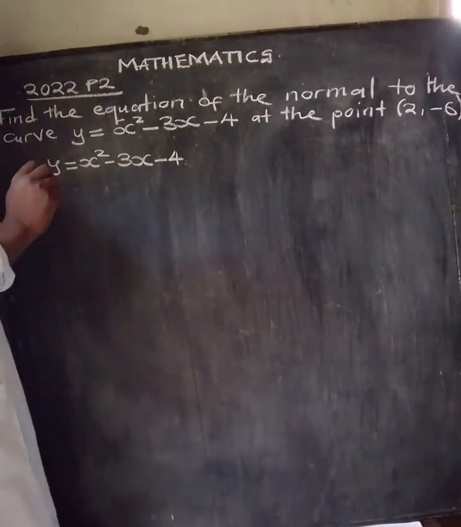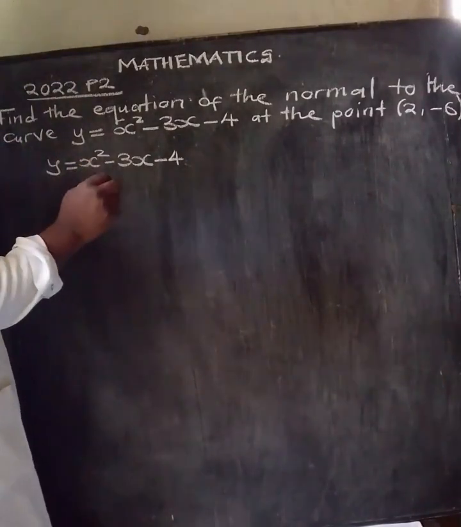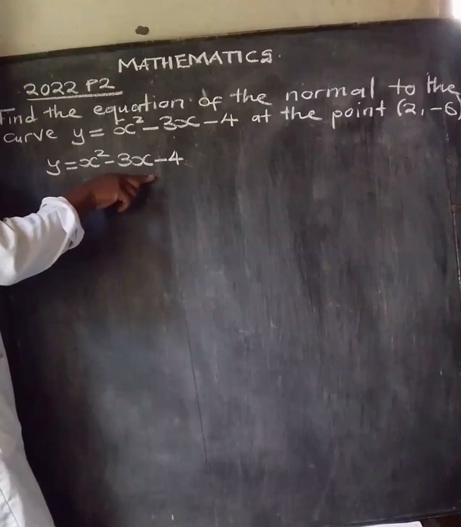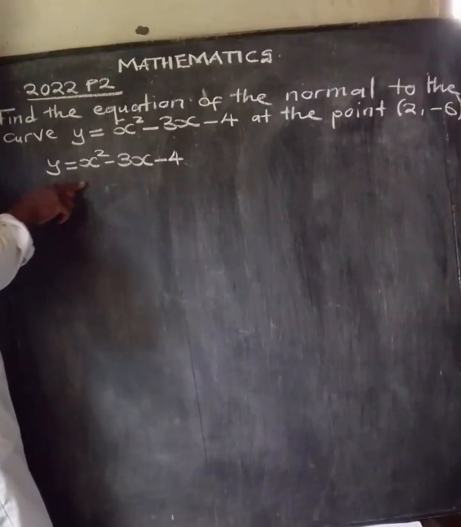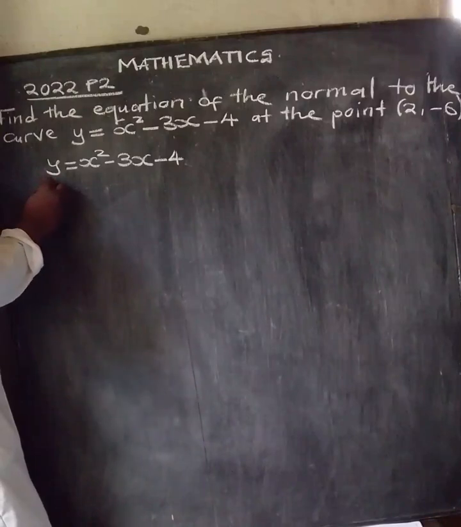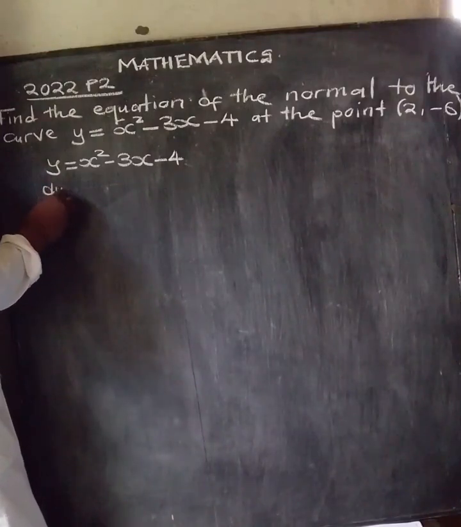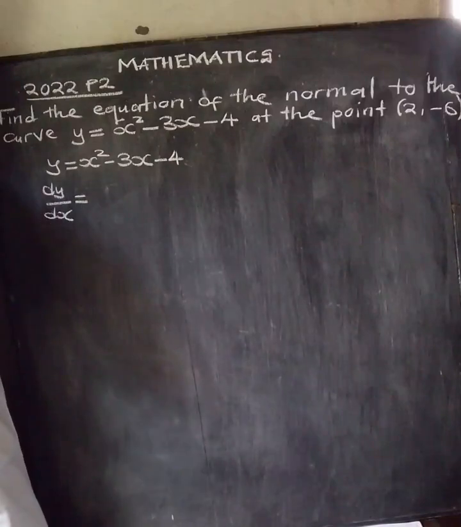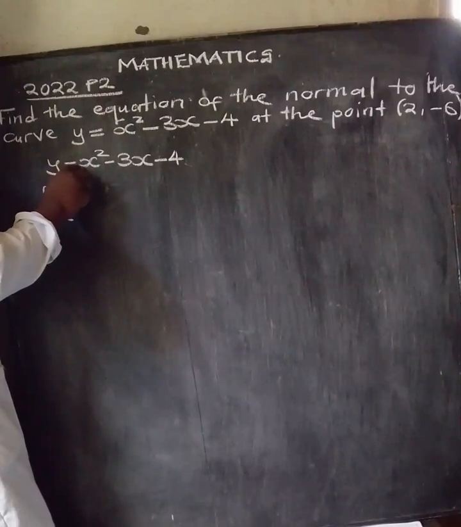So step number one, what we are going to do is differentiate this function. We are going to find dy/dx of this function. Okay, so we are going to say dy over dx is equal to, now we know that when differentiating, you first multiply the power by the coefficient.